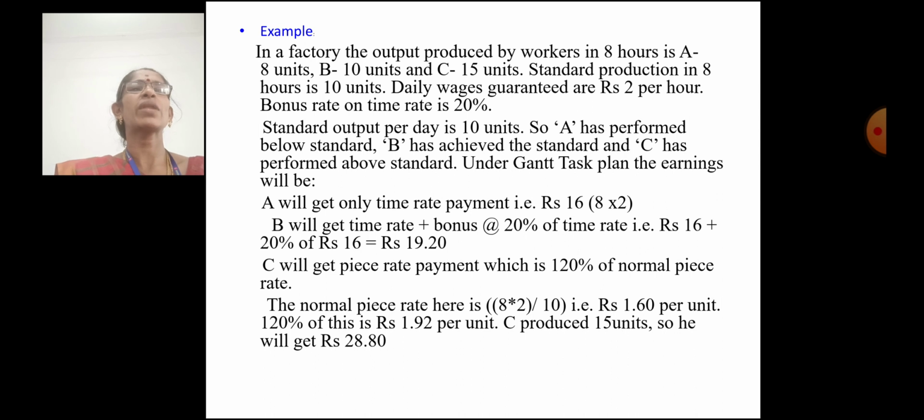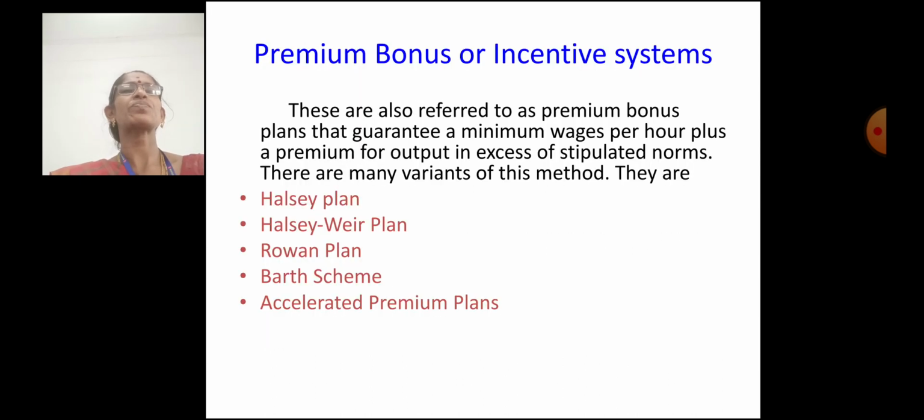Under this plan, A will get only time rate payment ₹16, B will get time rate plus bonus of 20%, ₹19.20, C will get piece rate which is 120% of normal piece rate. So we get 1.92 per unit, so C will get ₹28.80.